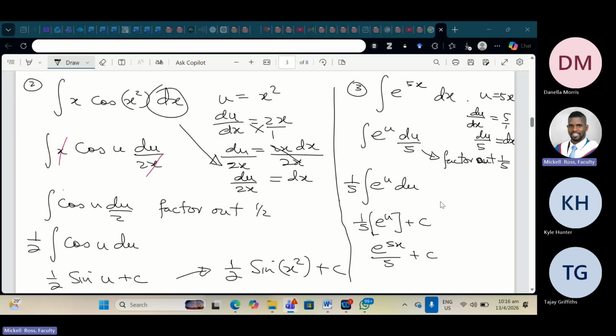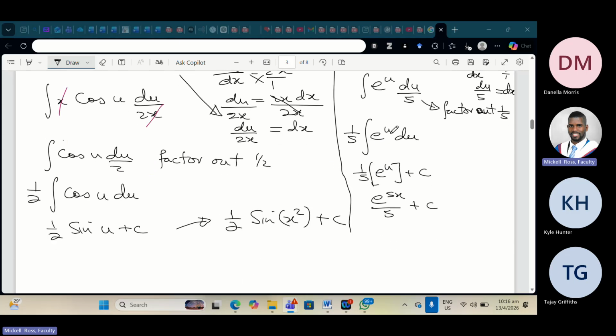We just have to bear in mind that when we integrate e to the u, we get back e to the u. And then you are multiplying by 1 over the derivative of the power. We could have even written this as 1/5 e to the 5x plus c. You could have done that and it wouldn't have been a problem. All right.